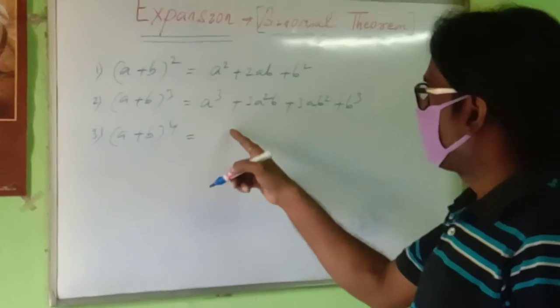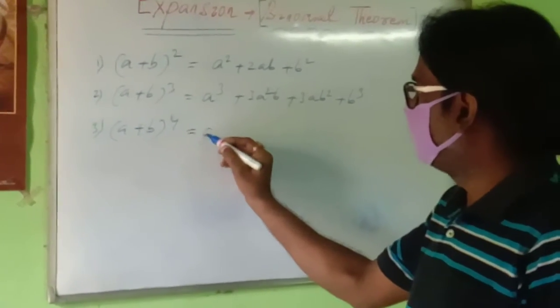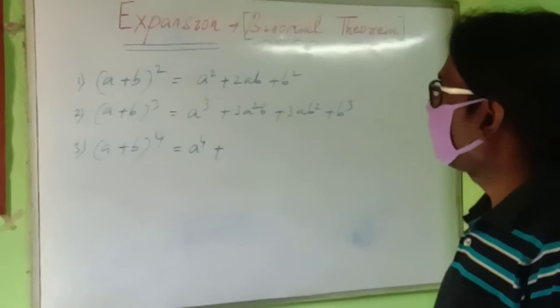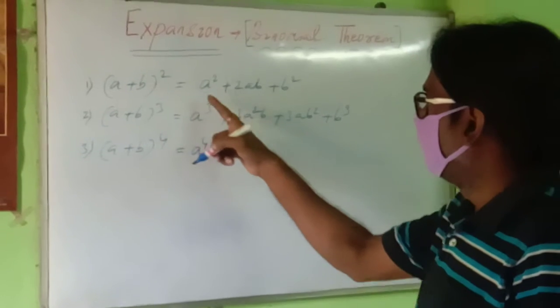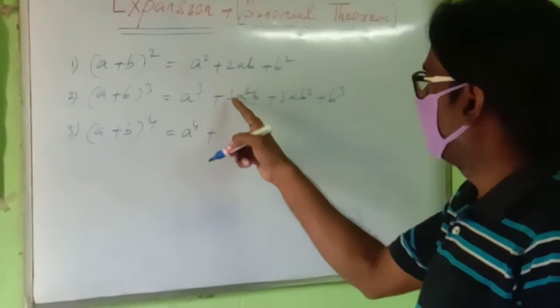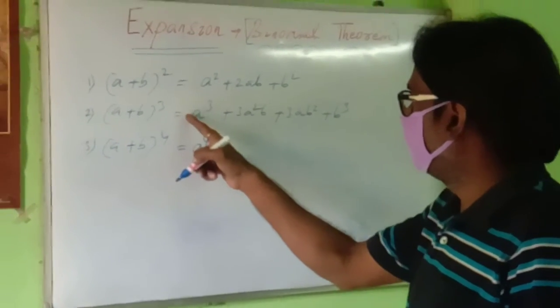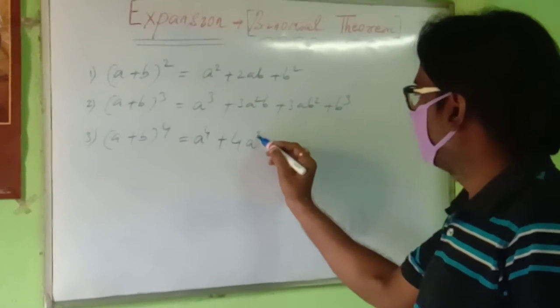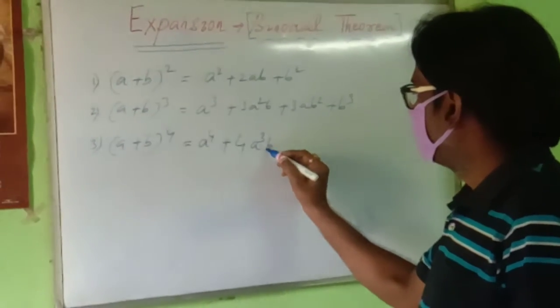Same process, a plus b whole to the power 4, this will be a4. And what will be the coefficient here? See, how is it coming 3? 1 plus 2, 3. Then 3 plus 1, this will be 4. Next, power of a will be decreased, so 4 a cube b.